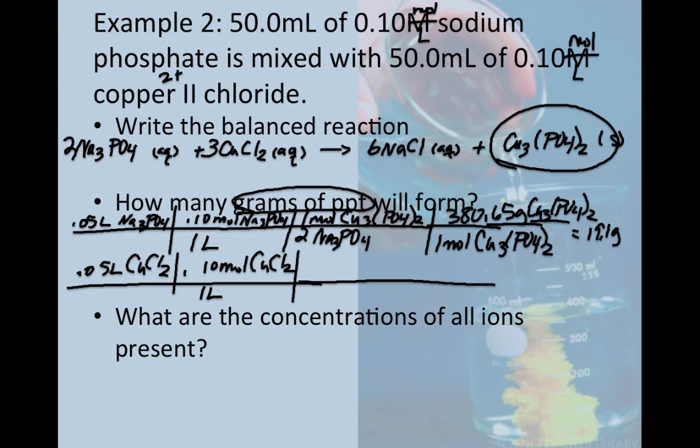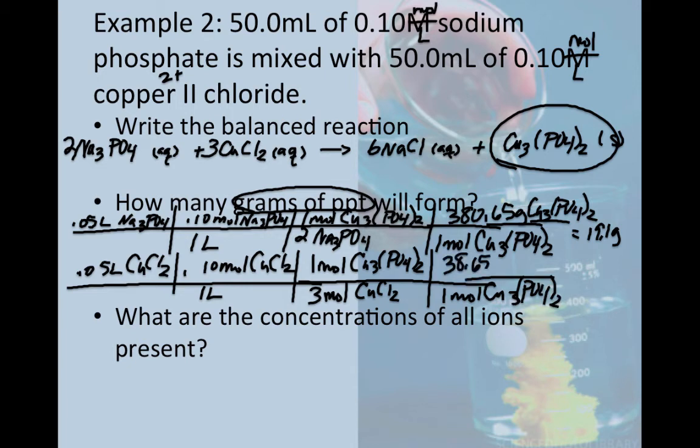For every 3 copper 2 chlorides, I get 1 copper 2 phosphate. And now we need the molar mass again, but it's the same stuff as it was before. 380.65 grams.